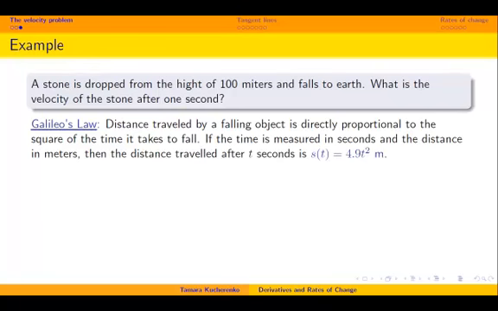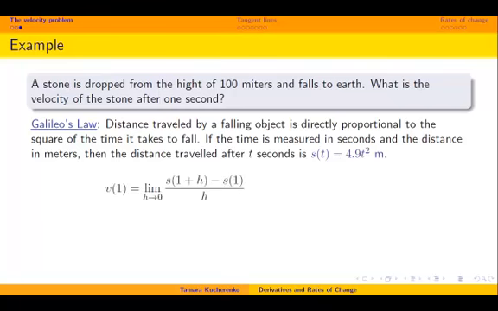If the time is measured in seconds and the distance in meters, then the distance traveled after t seconds is s of t equals 4.9 t squared meters. Let's compute the velocity of the stone after 1 second.